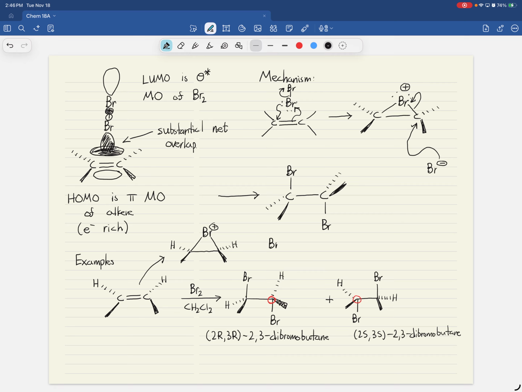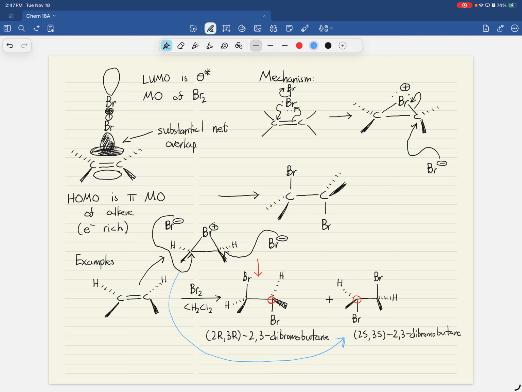And then bromine can attack here. That gives you this product. But where else can the bromine attack? Which side? This side, right? Sorry, a little roundabout there. This gives you this product.